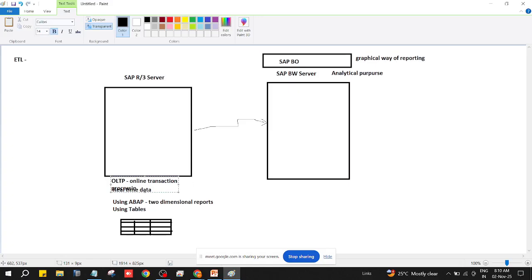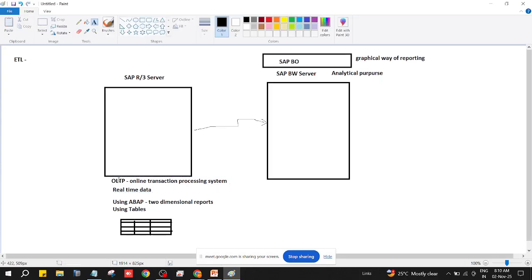That is called OLTP. Online means real time, that is daily, day to day. Whatever data is happening, daily transactions, that data is available up to date, current data. Transaction data is stored in SAP R3 in ABAP tables format. This was the OLTP concept.